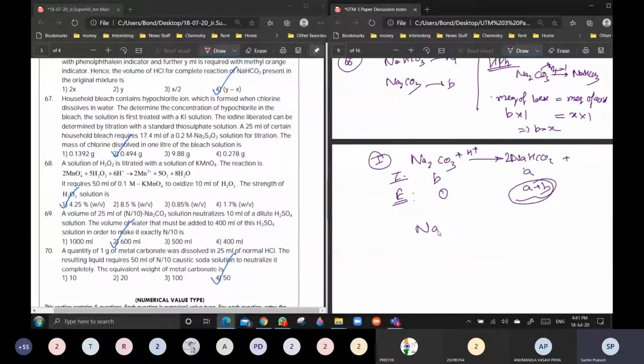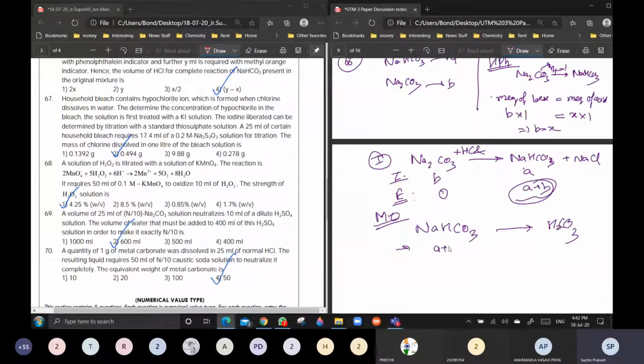So next step, when NaHCO3 is going to H2CO3, this is the only base which is present, and it will be indicated by methyl orange. Let me just write it as HCl because I feel you might be getting confused. NaHCO3 plus HCl gives NaCl plus H2CO3. This is the balanced equation. So you see NaHCO3 going to H2CO3.